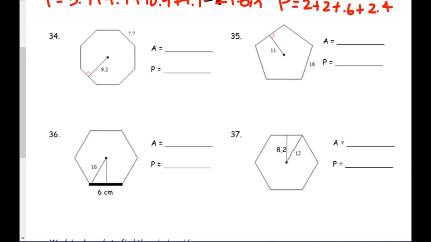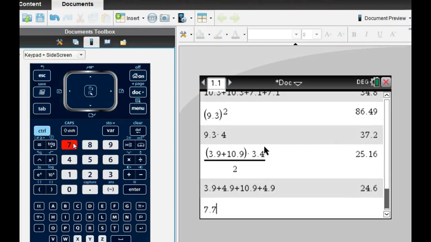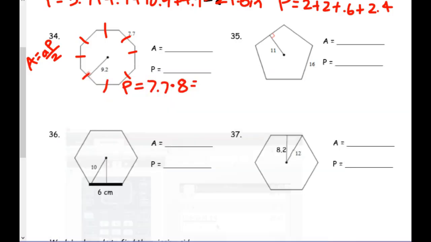Okay, let's remember for polygons, big A area is little a apothem times perimeter divided by 2. So my suggestion is to find the perimeter first. So the perimeter is 7.7 times 8, which is 61.6. That's not an area, so it's regular units.